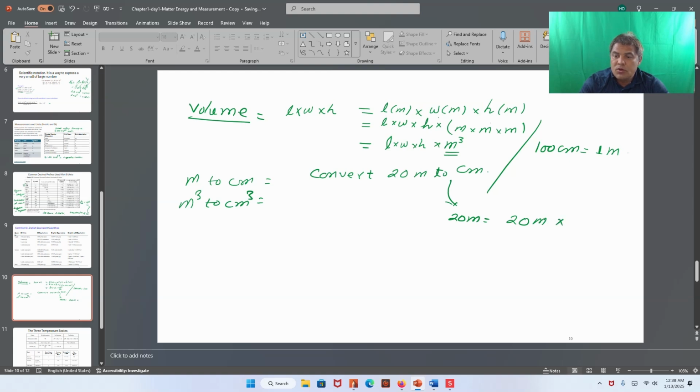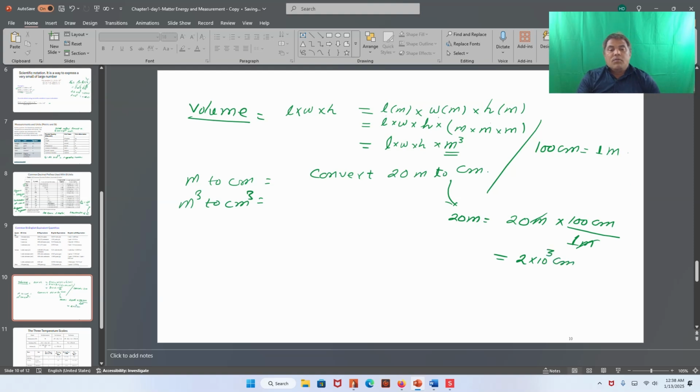We don't want meter, we need centimeter. So we multiply by 100 centimeter divided by 1 meter. We can cancel meter and meter, so left behind is centimeter. That is equal to 2 times 10 to the power 3 centimeter.